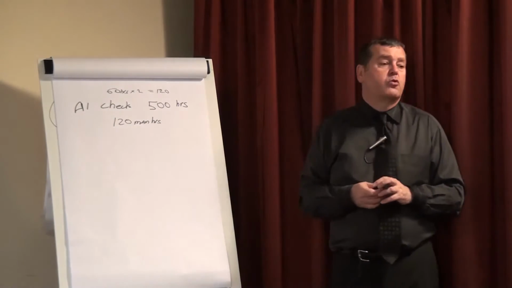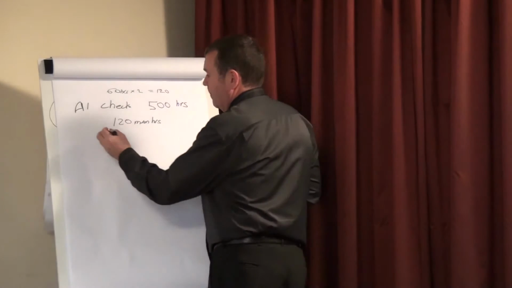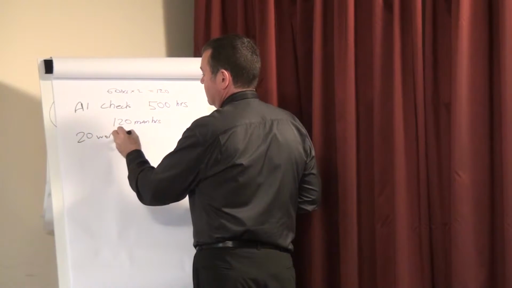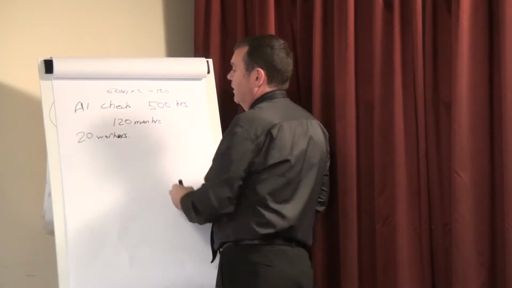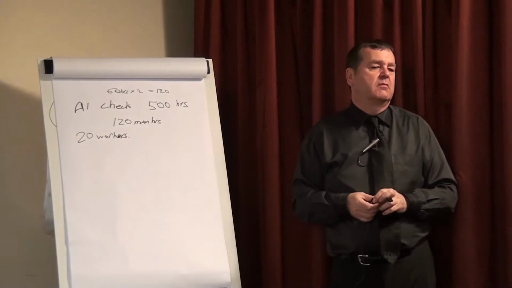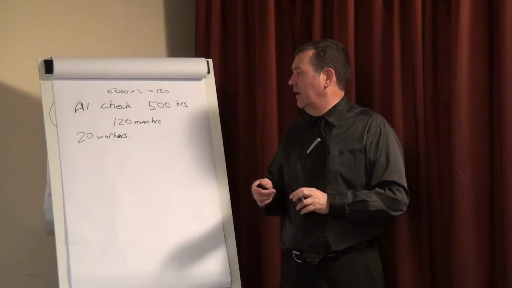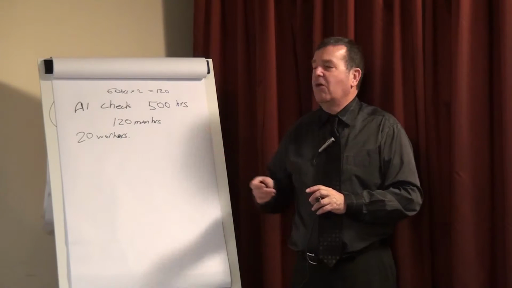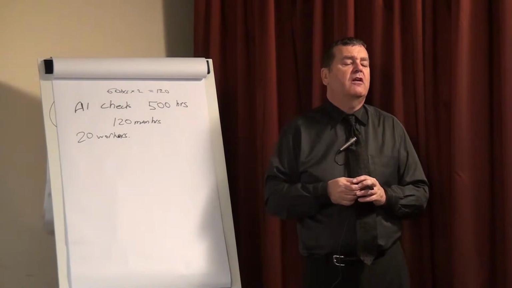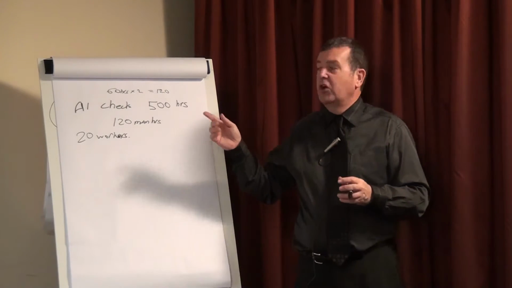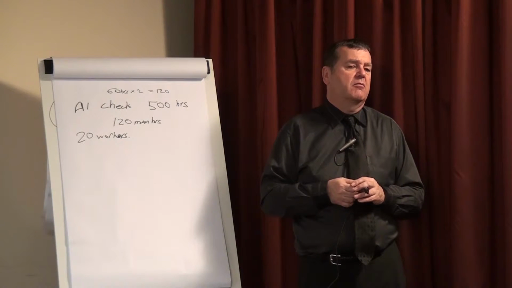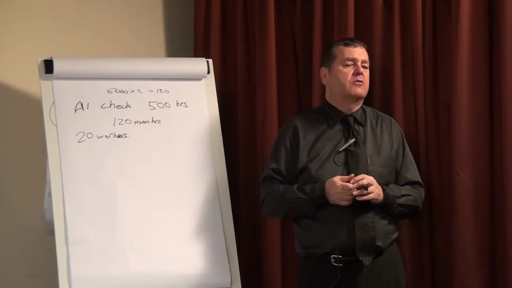So 20 workers should give us our A1 check. And how long does it take? They do it in one day. Basically, during the day, they work on the aeroplane, 20 guys, and they do this check. And it's due every 500 hours.